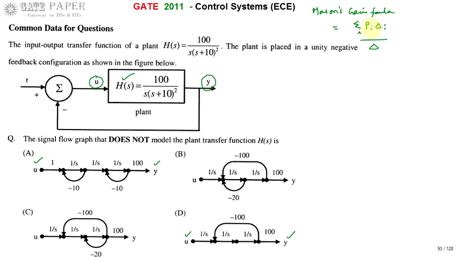There may be any number of forward paths, and we point out one corresponding forward path. The total gain of that path is P_i.